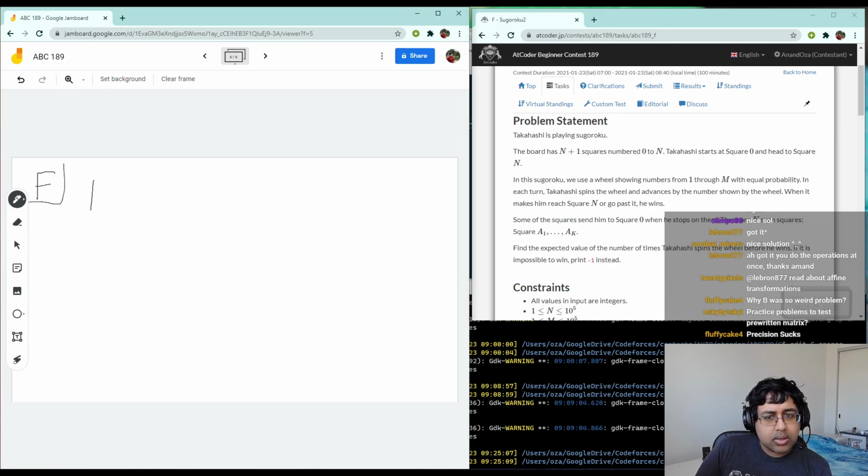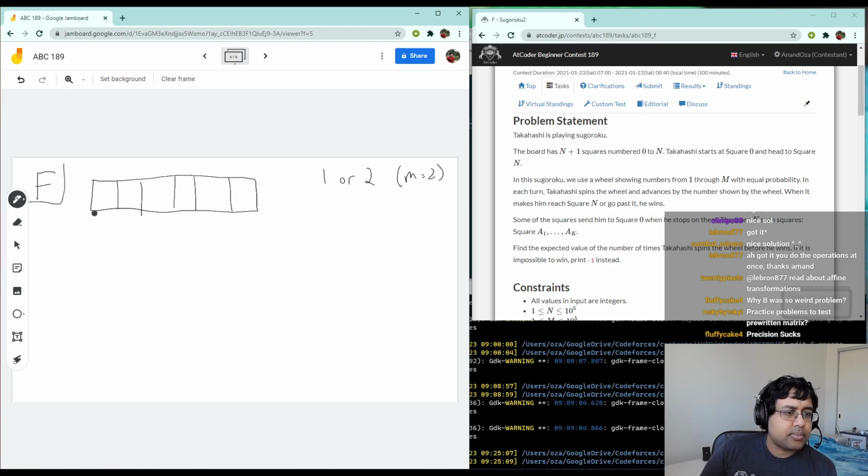So you basically have a bunch of squares, and let's say you can advance by 1 or 2. So that would be m equals 2, I guess. So what we basically want to compute is, let's say this is a0 and then this is an.